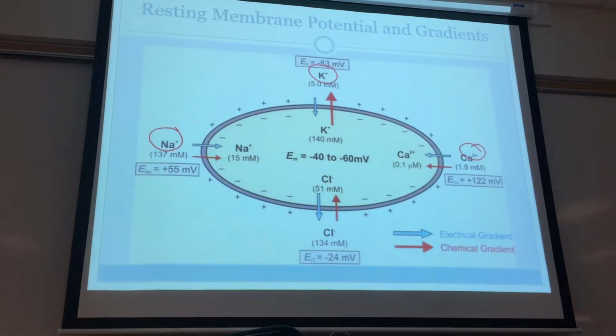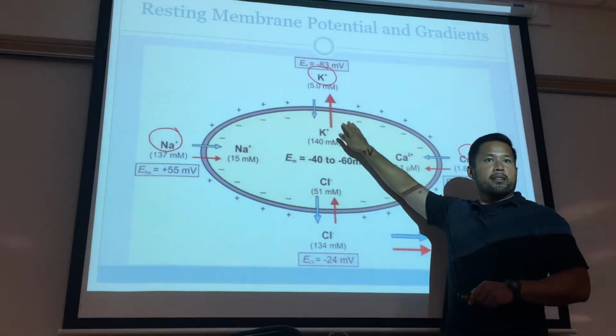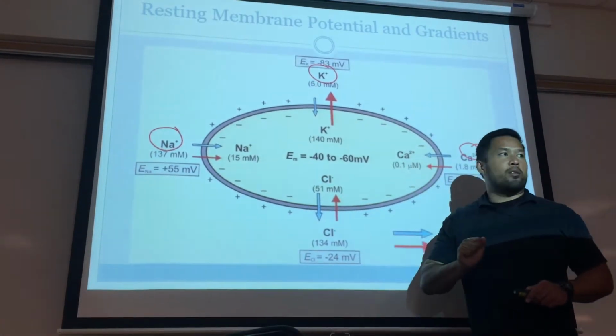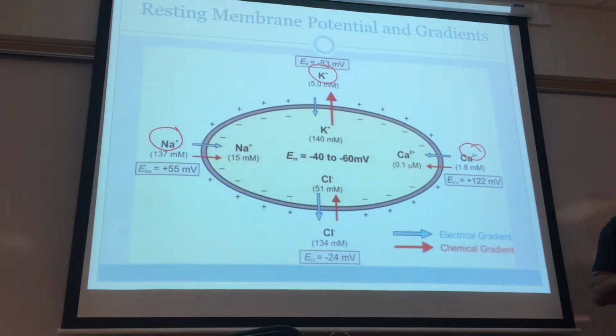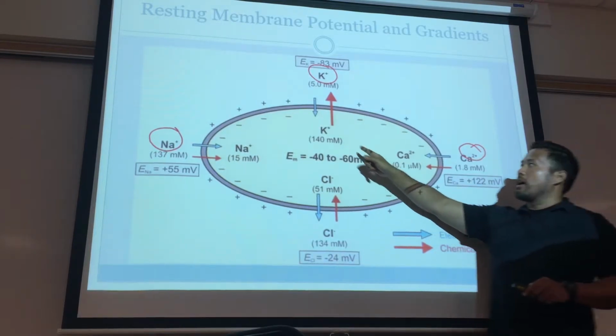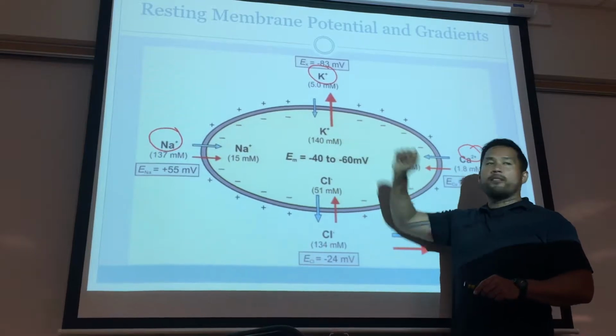And lastly, if we were to take a look at our potassium, we have a cation that's on the inside of the cell. It's negative on the inside, positive on the outside. What is the direction of the voltage gradient? Out. Wait, no. Is it out? No. I've got a positive ion inside, and it's negative on the inside.